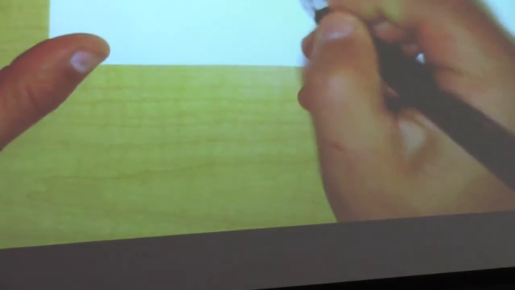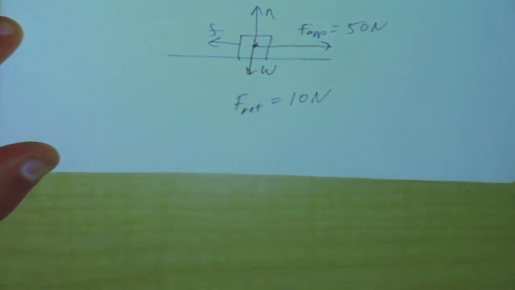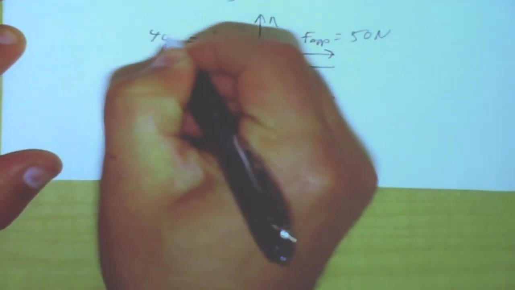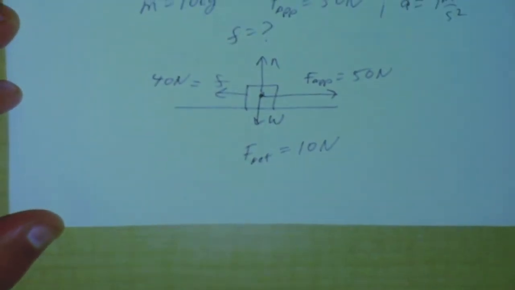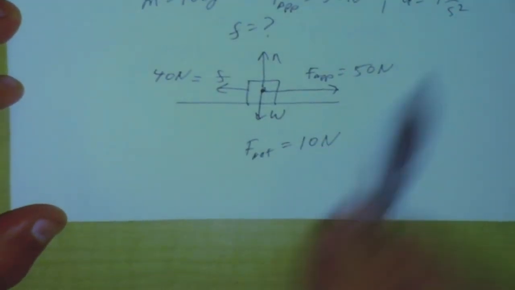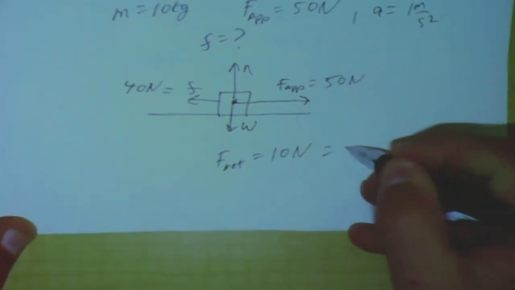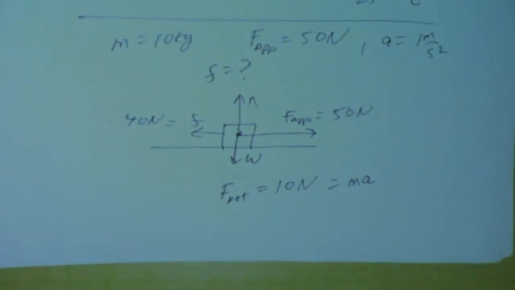Here's m times a: the net force is 10 newtons. So if the net amount is 10, friction must be 40 back the other way. The net force turns out to be 10, which is 10 times 1. Don't forget, that's where I got it from, m times a. So the frictional force is 40, okay? That was a common thing people found out, the net force, not the frictional force.